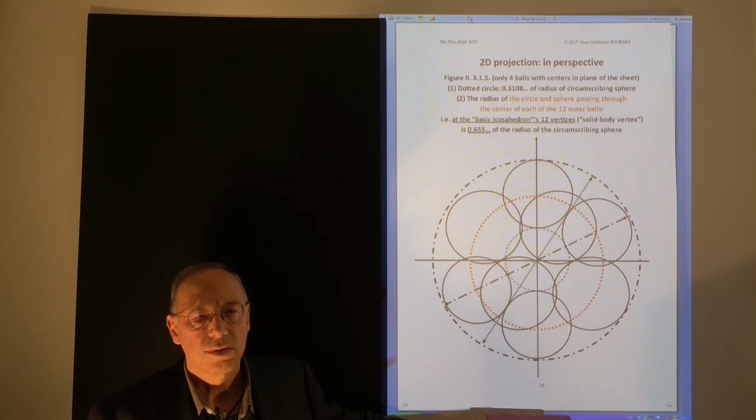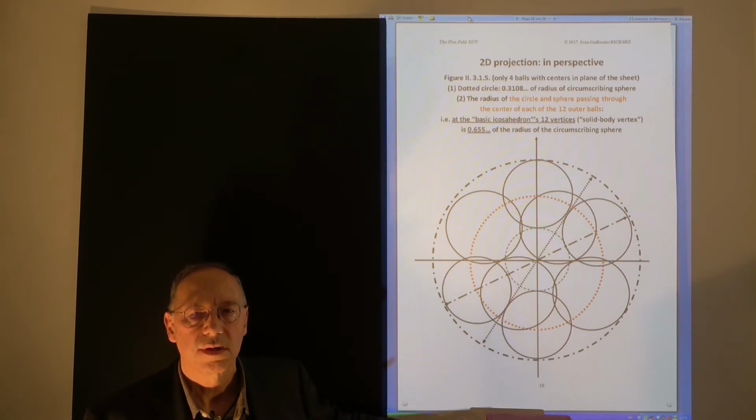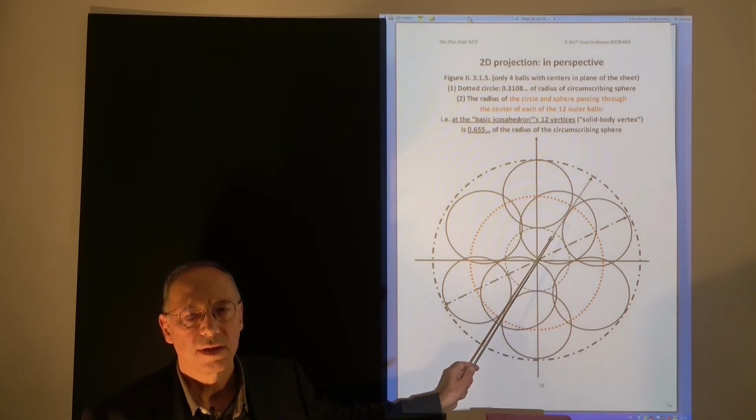This is a 2D projection of this arrangement in perspective. Only 4 of the circles that you see are in the same plane, in the plane of the sheet. The dotted circle here is the circle representing the inner core, to which are tangential the 12 outer spheres.